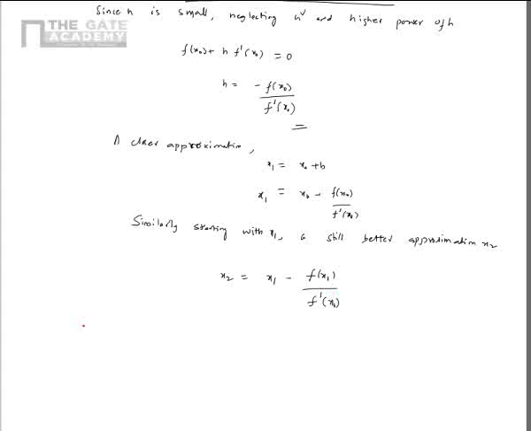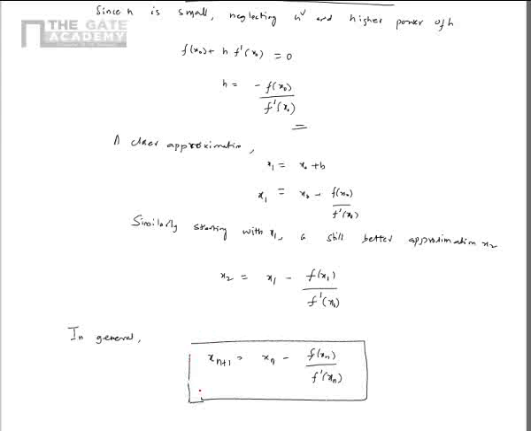So in general, let's write down, because you can repeat the process many times in order to get the desired accuracy. So in general you can write xn plus 1 is equal to xn minus f of xn by f dash xn. So what it means is, if you know xn, you can calculate xn plus 1, which is a closer or a better approximation of the root. Okay, now let's see how this can be understood in a very easy way from the graphical representation.